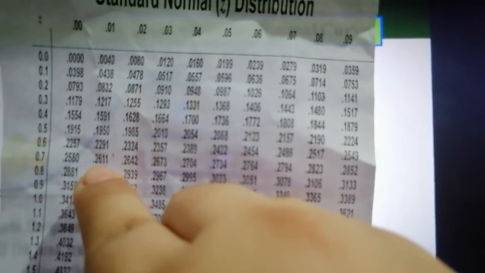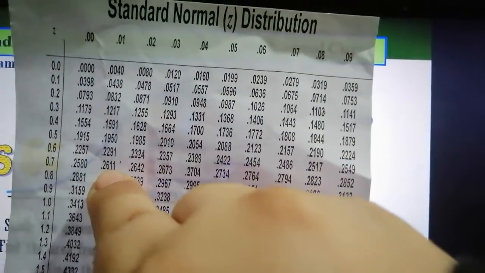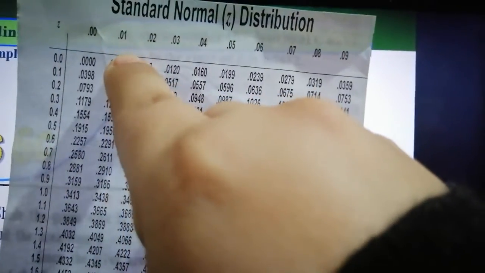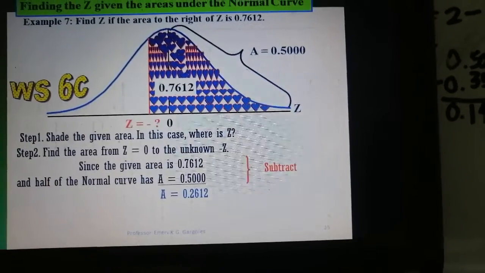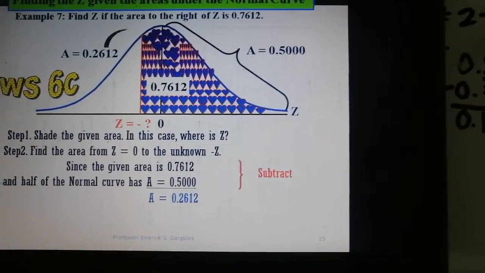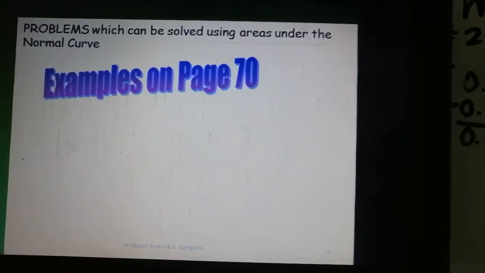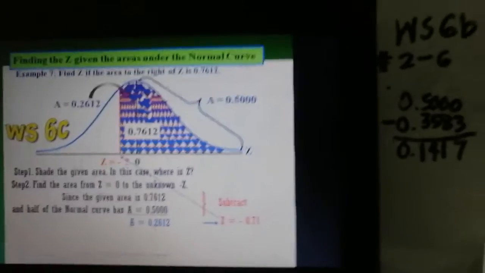The closest is 0.2611. So what's the z-score? 0.71. Is it going to be positive or negative? Negative, because it's in the lower distribution. I hope that one is clear.